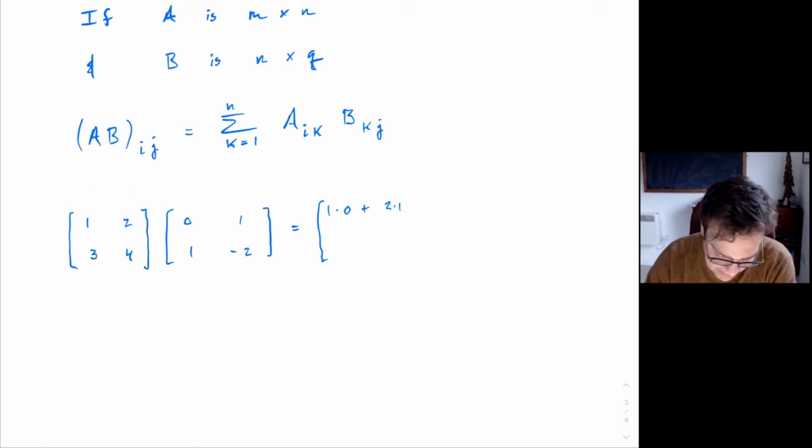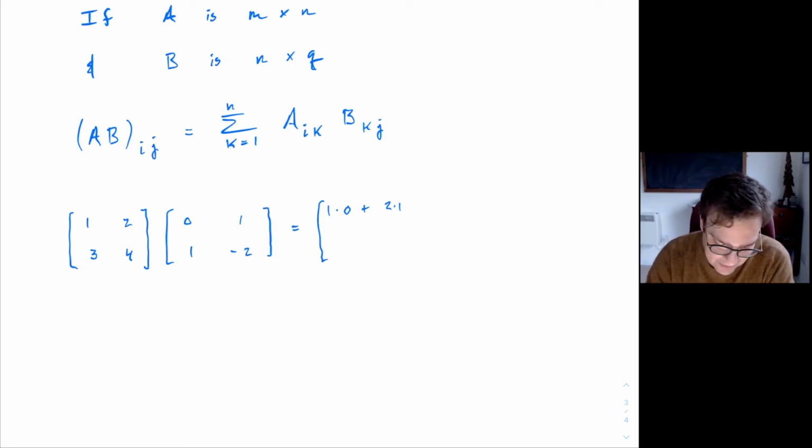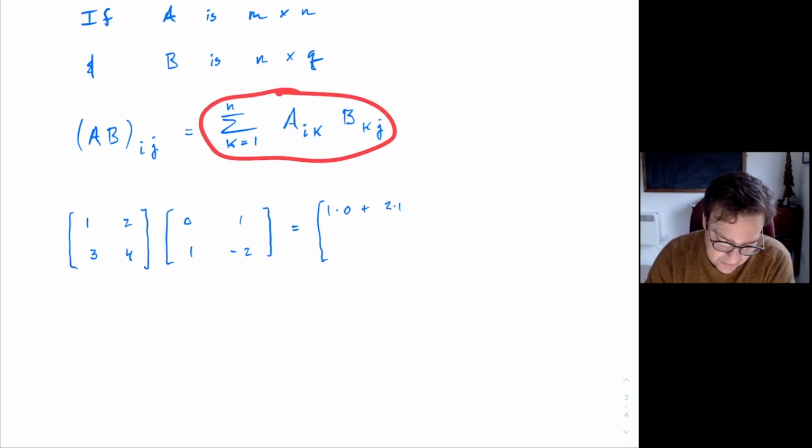I literally imagine this thing moving over and going sideways and then merging with this first row. You might want to set up some kind of animation like that in your head, because it gets confusing to stare at this sum all the time if you're doing these by hand. Usually you end up not doing these by hand, and you are happy to look at the sums, because that's all you really care about, and that's fine too.